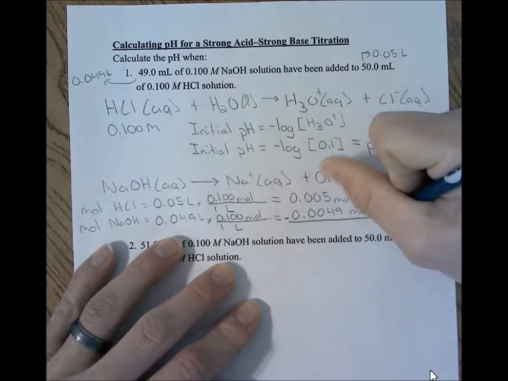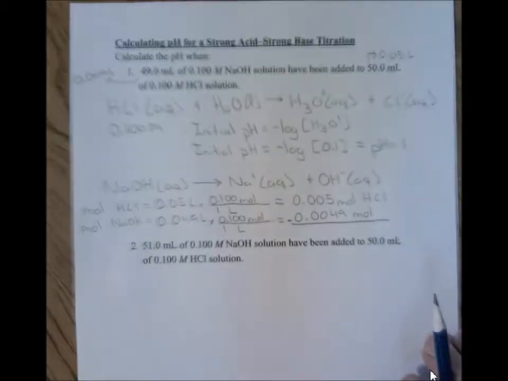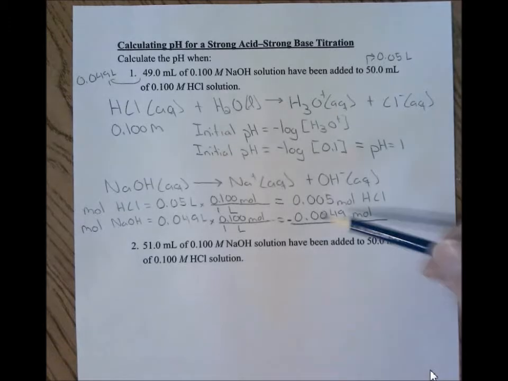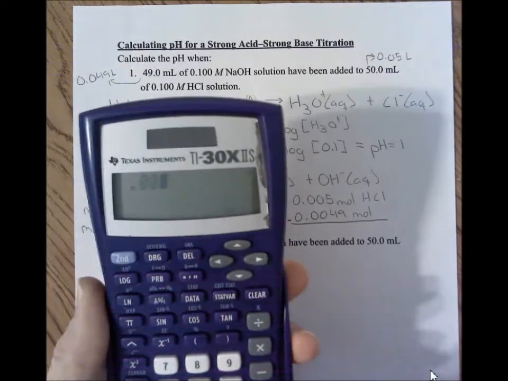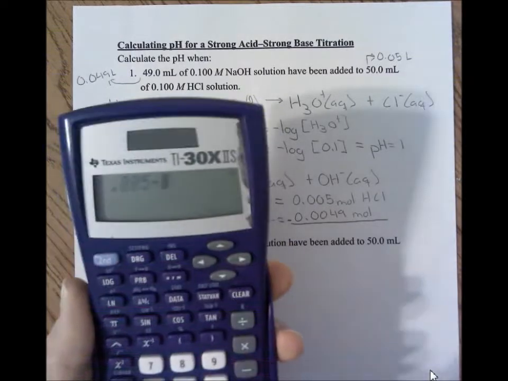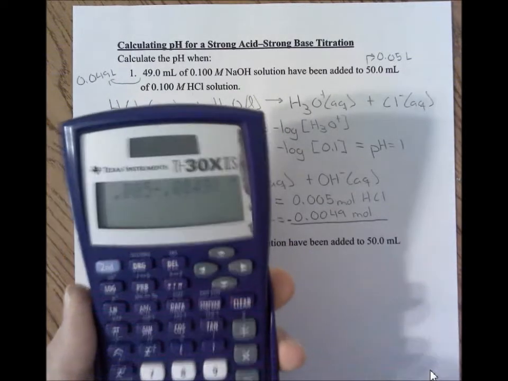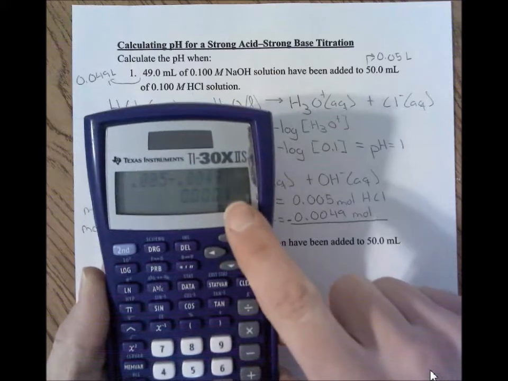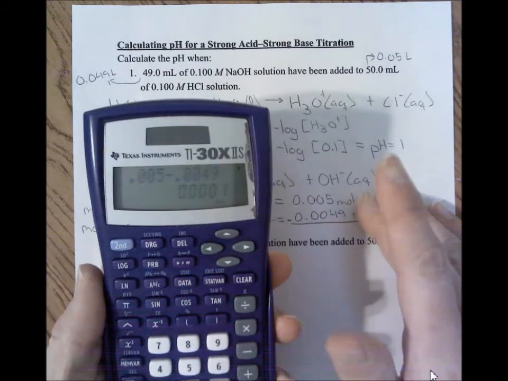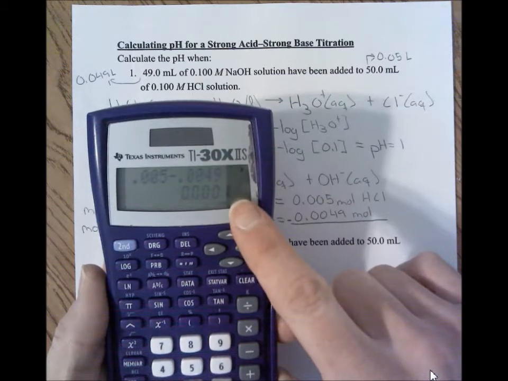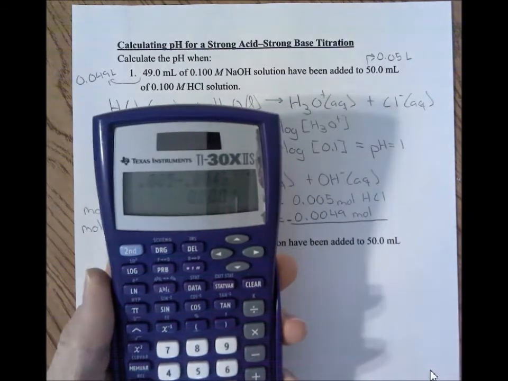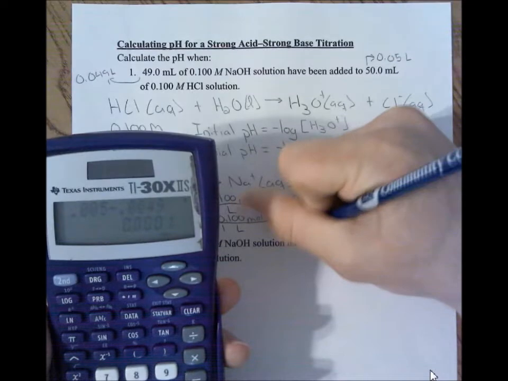If I take 0.005 minus 0.0049, I get the number of moles of HCl that is left. This right here is 0.0001 moles of HCl that is left.